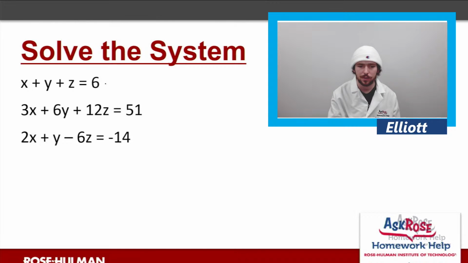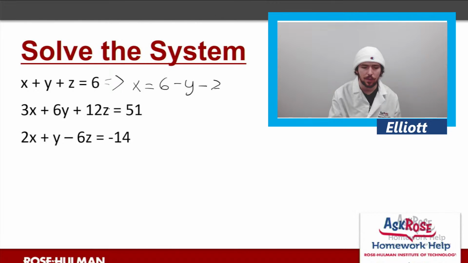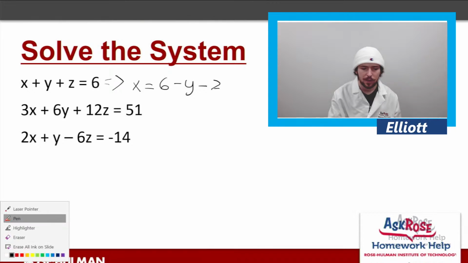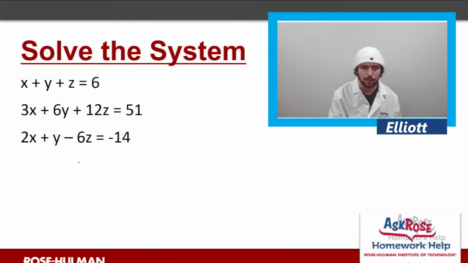So this equation also equals x equals 6 minus y minus z, right? And then we can plug this into something else, and then we have a simpler equation, and then we could find exactly what y equals and plug that in. Actually, no. Sorry about that. Let's go ahead and start over real quick.